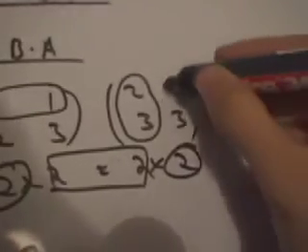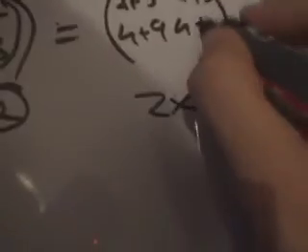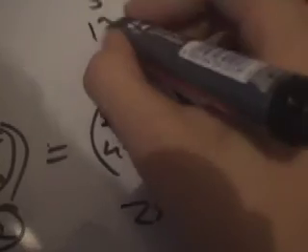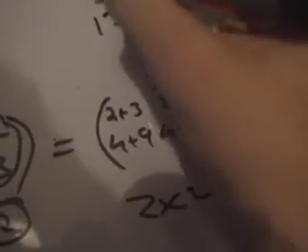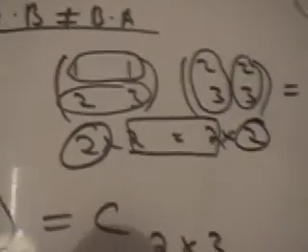Then 2 times 2 is 4, and 3 is 9. So the answer would be 5, 5, 13, 13. That's really complicated, but I'll do more examples like that in 2b.